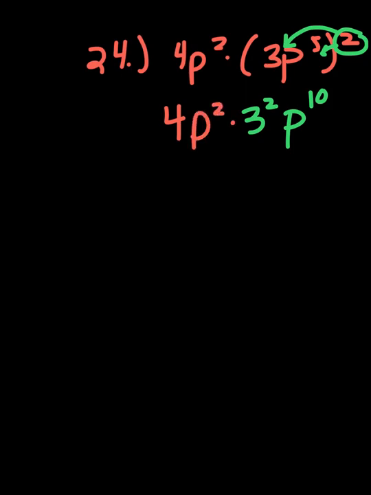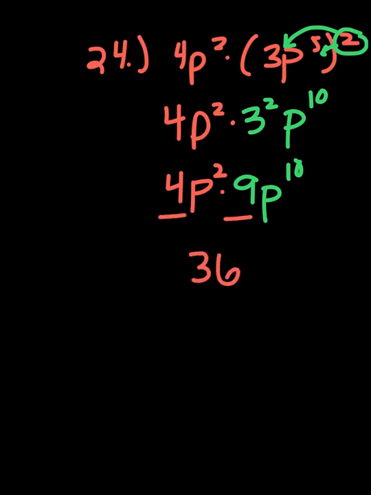So I'm going to simplify the 3 squared. 3 squared is 9, so I've got 4p squared times 9p to the 10th. And then I'm going to multiply my coefficients, so 4 times 9 is 36, and add my exponents. p to the 2nd times p to the 10th is p to the 12th, giving me my final answer.